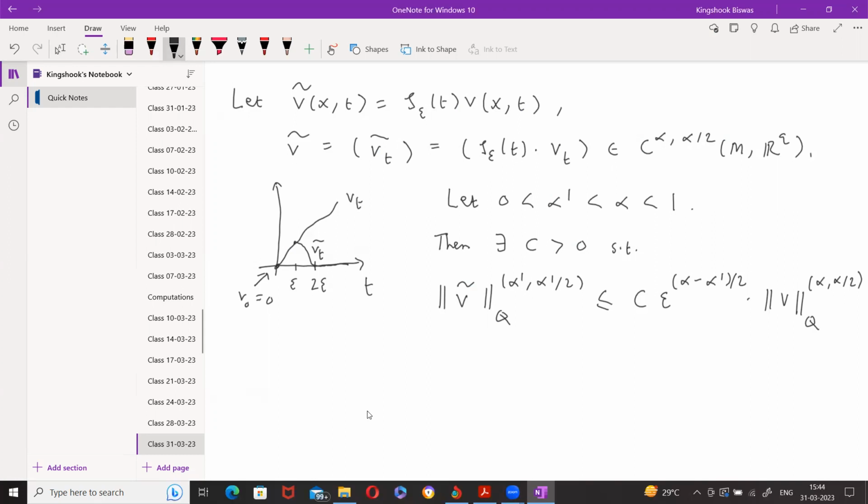My notation is a bit different in the class than in the notes, so let's just go with the notation here.